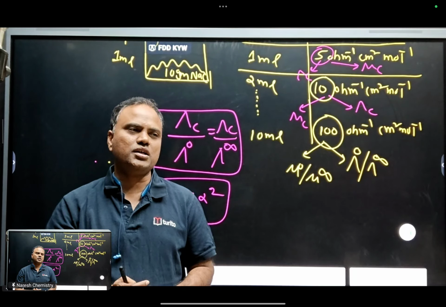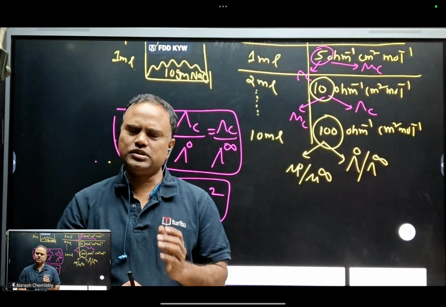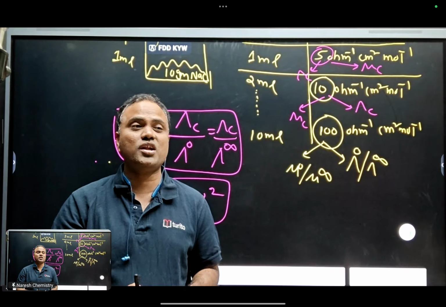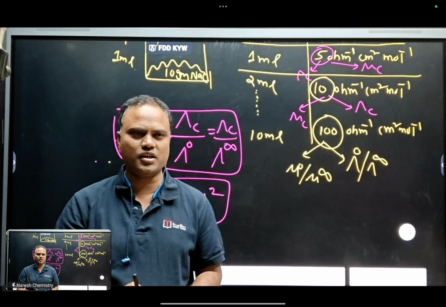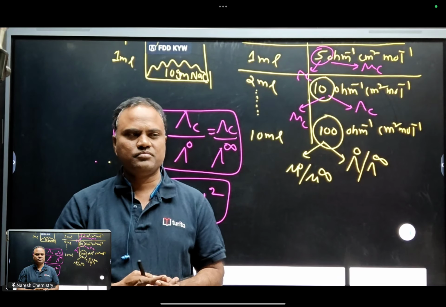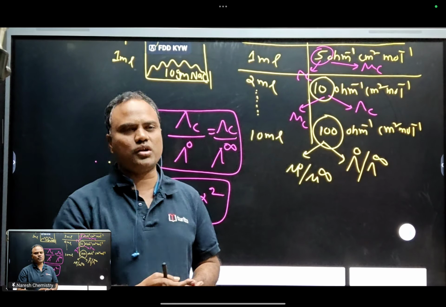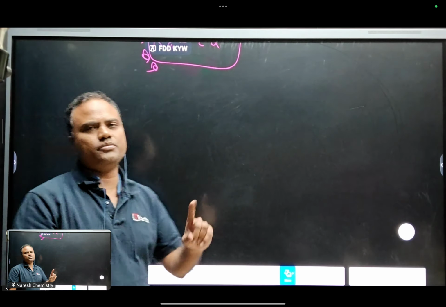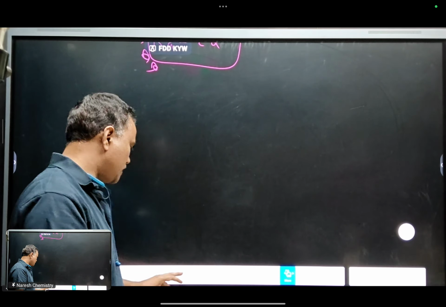We are going to start one law. It came a number of times in NEET and JEE also. Kohlrausch law. I think you prepared for IP also. Kohlrausch law of independent migration of ions. Next concept, Kohlrausch law.